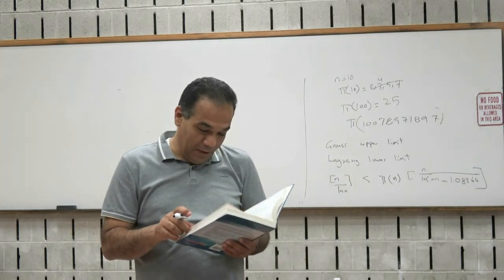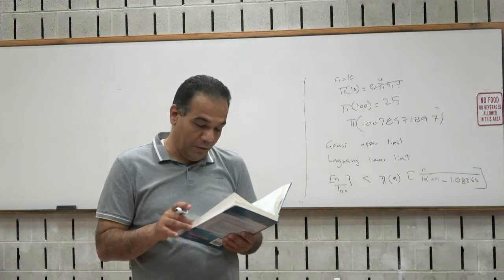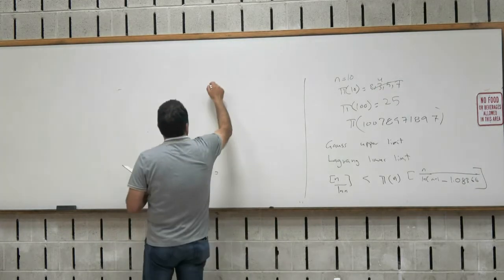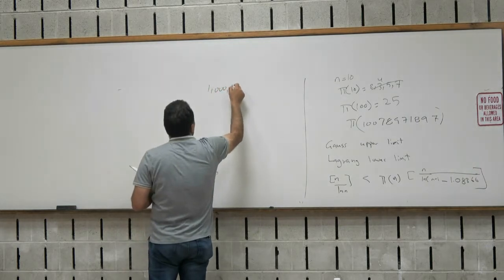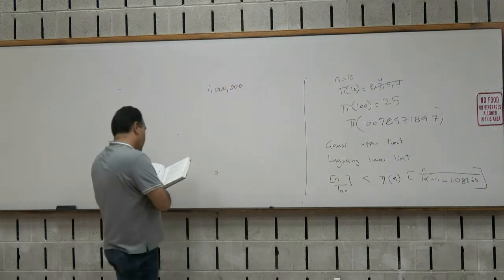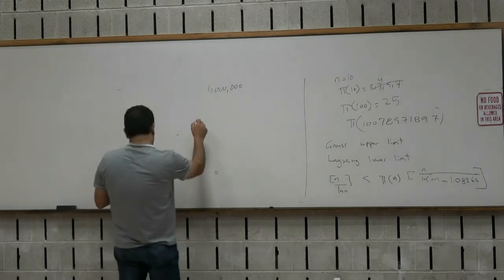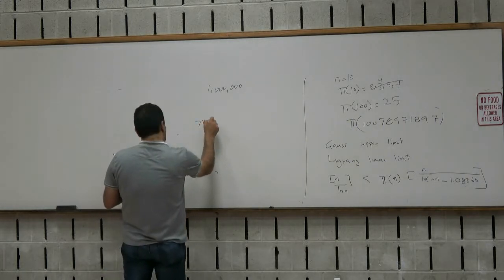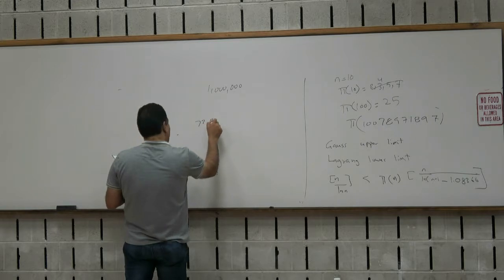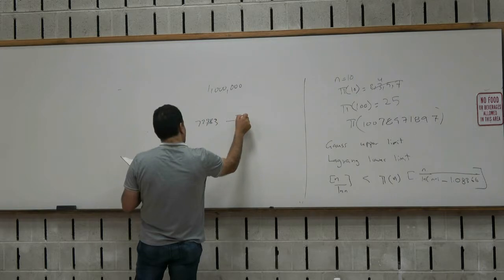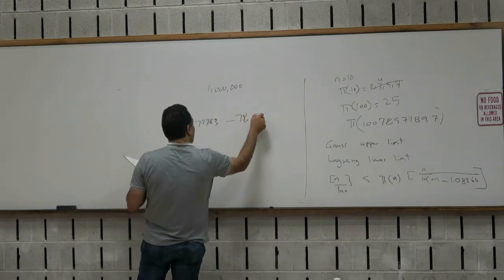So we'll see. For example, find the number of primes less than 1 million. If you apply this rule, you'll find the range is 72,383 to 78,543.